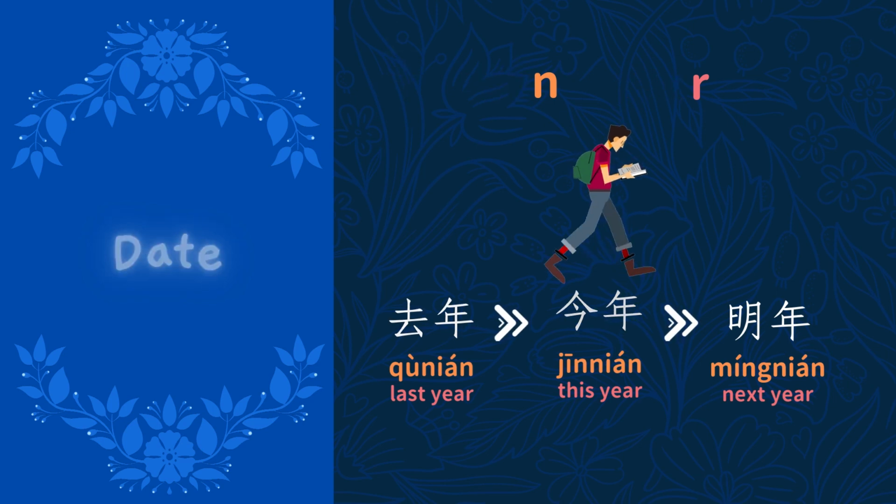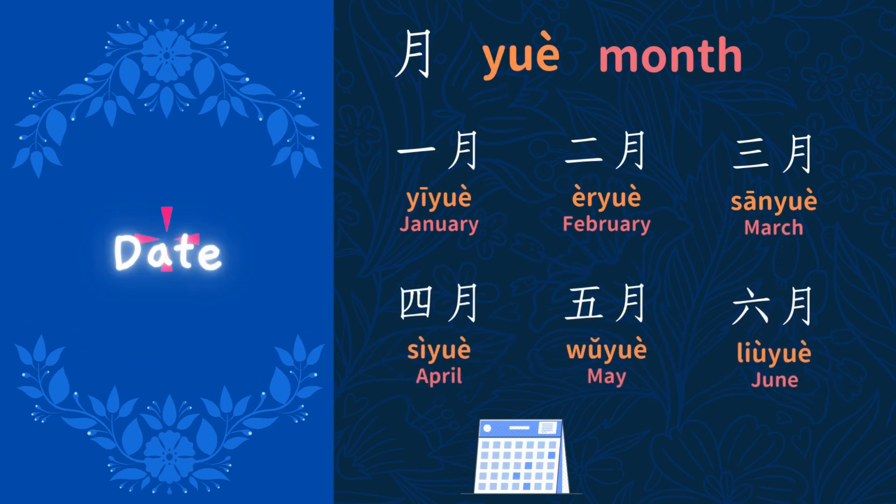And then 月. In Chinese, the months are arranged in numerical order. So January is the first month. We say 一月. 一 is number 1 and 月 is month. 一月, the first month. So February is the second month. 二月.